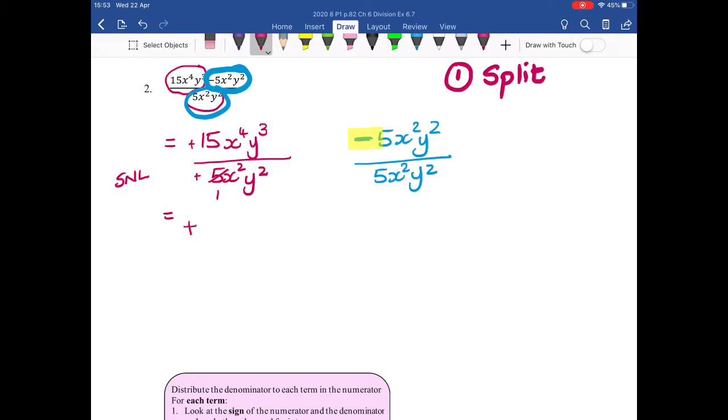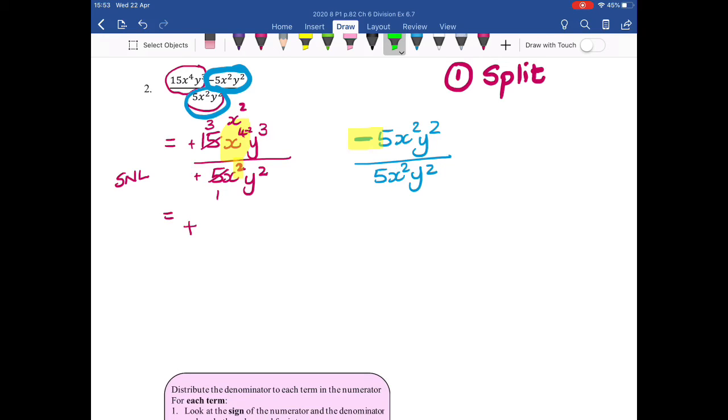5 goes into 5 once, 5 into 15 goes 3 times. You will see here I have more x's at the top because there's a 4. So I'm going to say 4 minus 2. The 2 comes from here. Okay, so 4 minus 2 is 2, so I will be left with x squared.